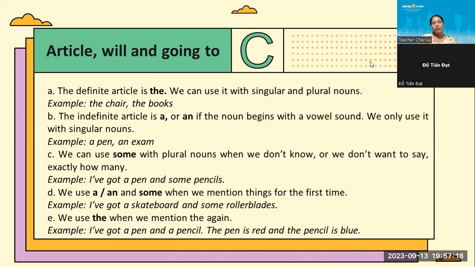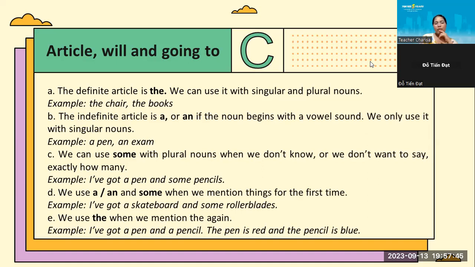So the article, will, and going to. The definite article is the. We can use it with singular and plural nouns. So example, the chair, the books. So that's the, that's definite. The indefinite article is a or an if the noun begins with a vowel sound, we only use that with singular nouns. So here, for example, a pen, an exam.